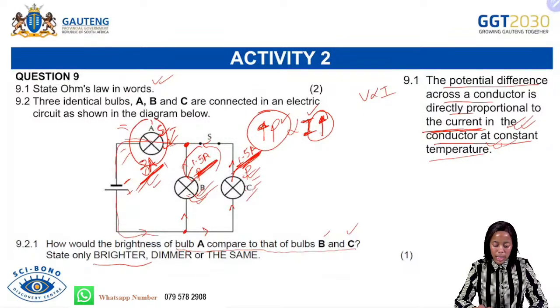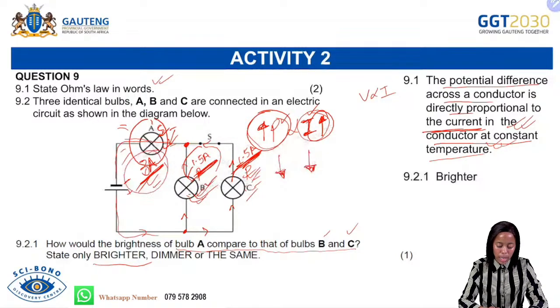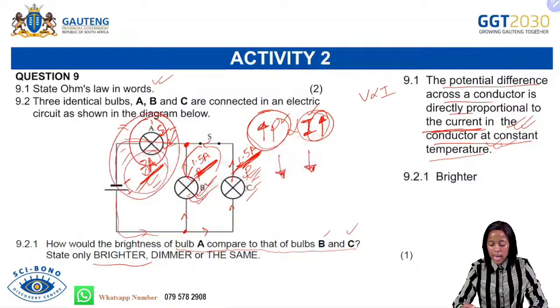If the current is directly proportional to the power, then because B and C have a smaller current, there will be less power, and because there will be less power, B and C will be dimmer compared to letter A. So our answer is that letter A would be brighter because of its current.